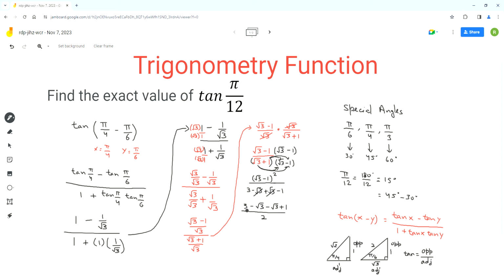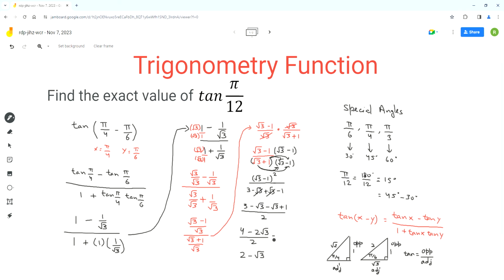So we get 3 plus 1, which is 4, and then minus square root 3 minus square root 3 becomes 2 square root 3, over 2. Now we can divide both terms by 2, so we get 2 minus square root of 3.